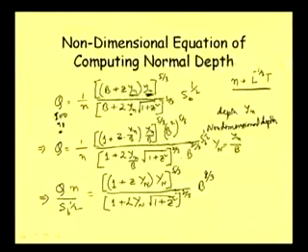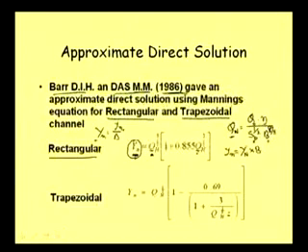But here we can go very fast, and in fact for a rectangular channel, by using this formula we can get almost the correct result without much error. That can even be used directly. But for a trapezoidal channel the formula goes like this.